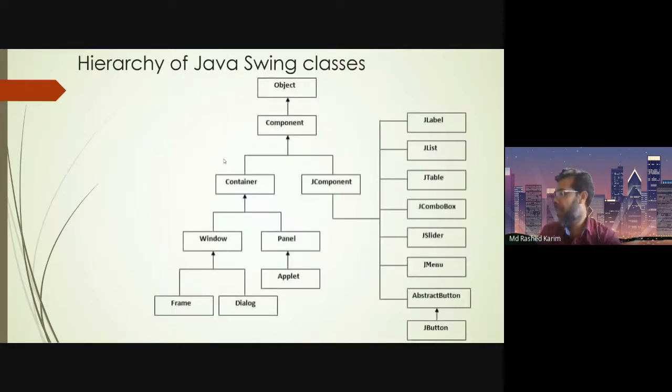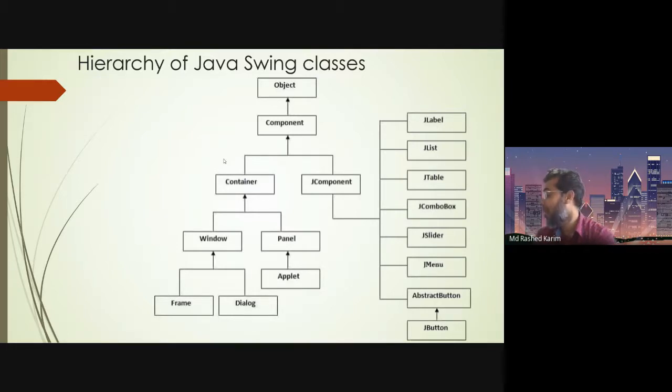This is basically the hierarchy of the Swing classes. Now you know inheritance. Component inherits Object. From Component, there are Container and the components. Container means the component can be contained. So what are the components?